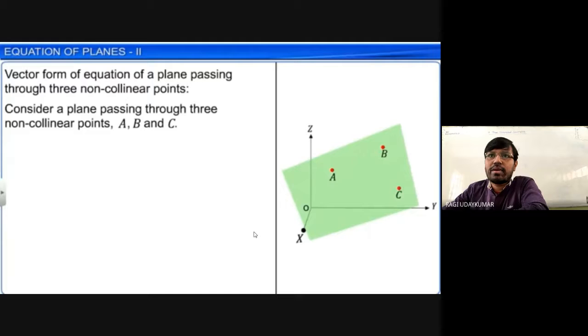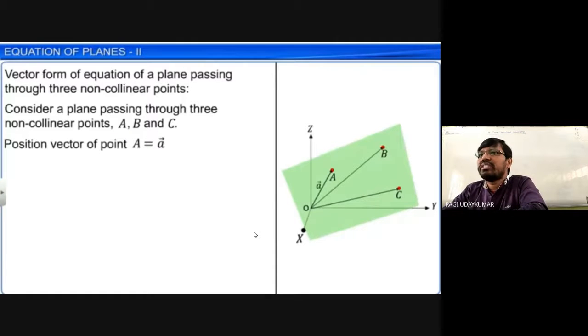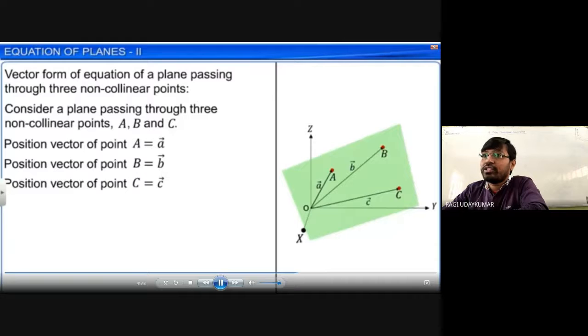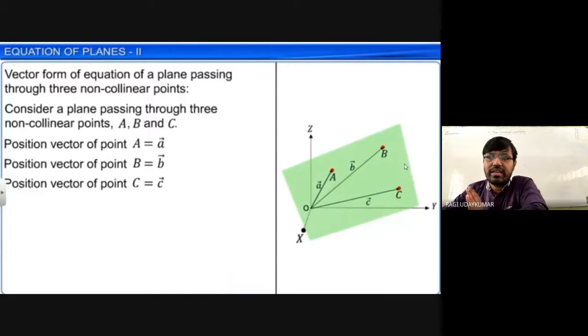Now the vector form of the equation of a plane passing through 3 non-collinear points. Consider 3 points whose position vectors are A, B and C, and we have to find the equation of the plane.